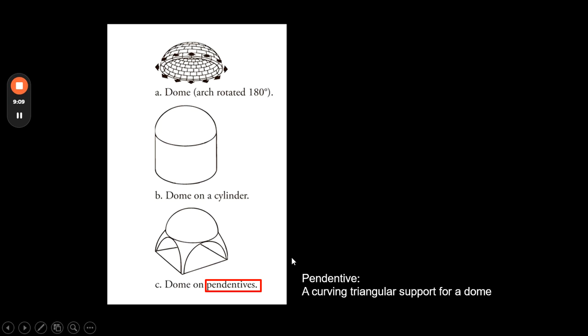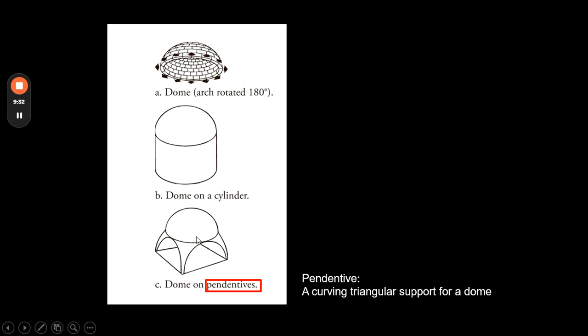This is one of your vocabulary terms. What is a pendentive? It supports a dome. And normally in class, I compare these two and I ask, which one's better? And what's the advantage of the pendentive system? So as you can see with pendentives, these curving sort of triangle shapes, they're supporting the weight of the dome.